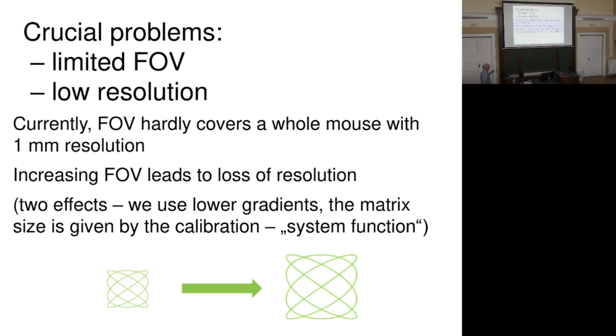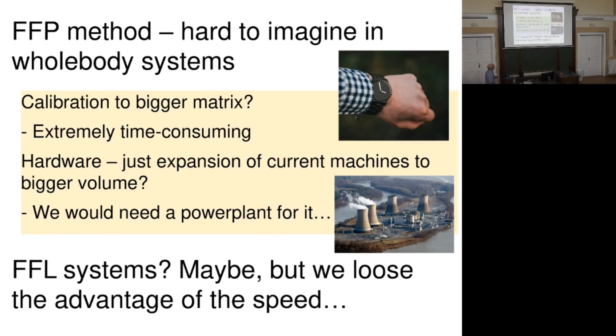We can use lower gradients, but of course we lose resolution. We spoke about this quite a lot. And it's for me extremely hard to imagine that the field-free point method would be used for clinical imaging as a whole body system.